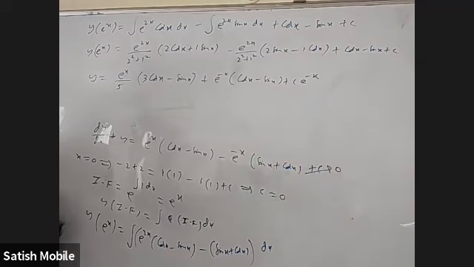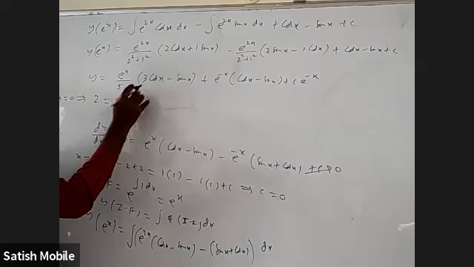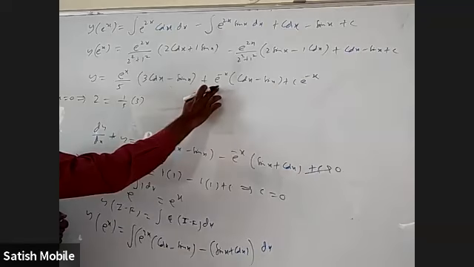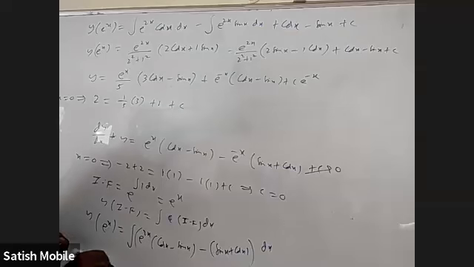To find c, we should know what f of 0 is. So when you put x equal to 0, what is f of 0? Minus 2 plus 2, plus 2. And here this is 1 by 5, this is 3, so 1 by 5 into 3. And this is 1, this is plus 1. This is plus c when I put x equal to 0.